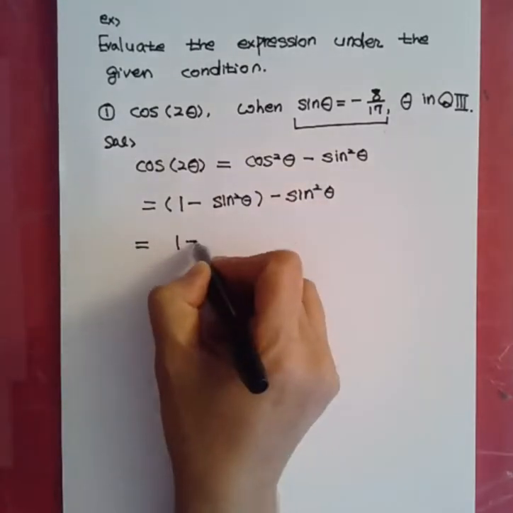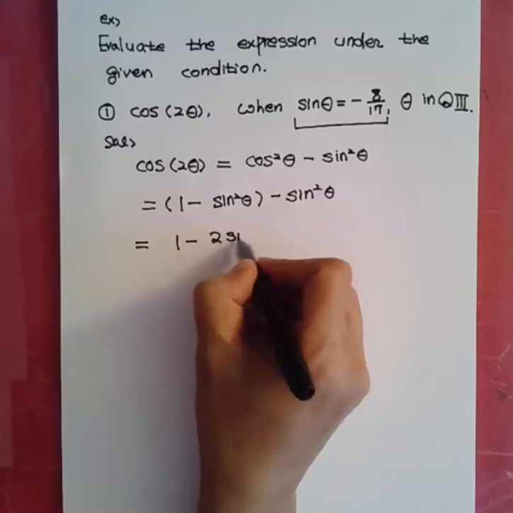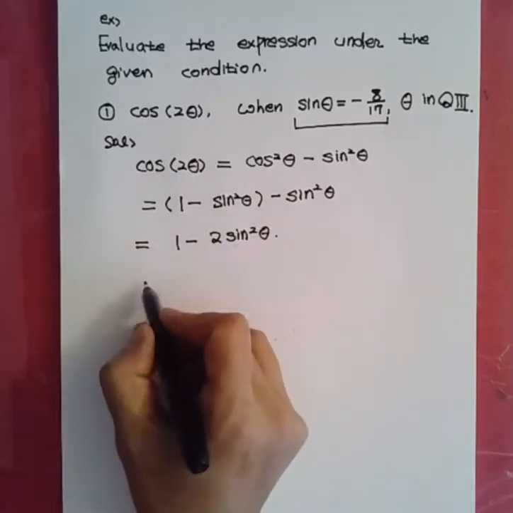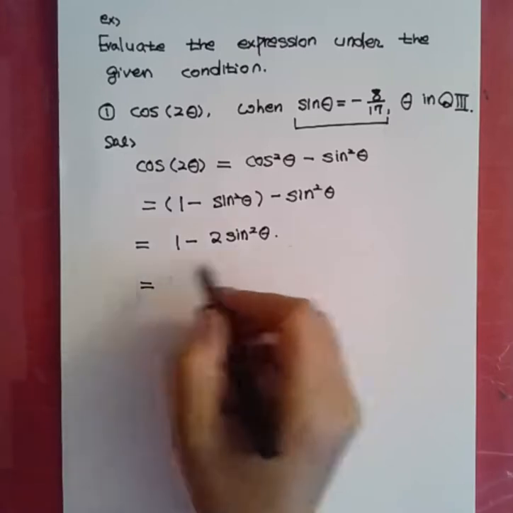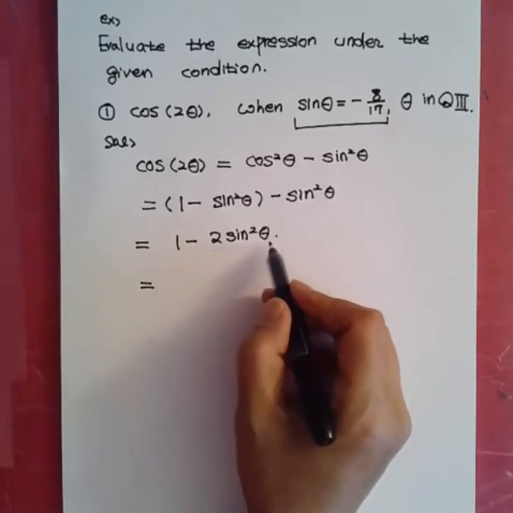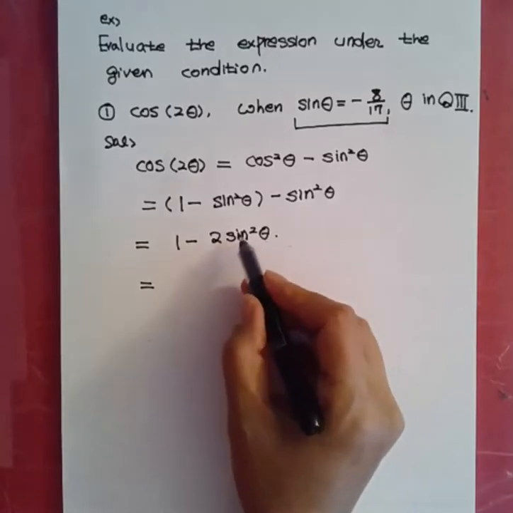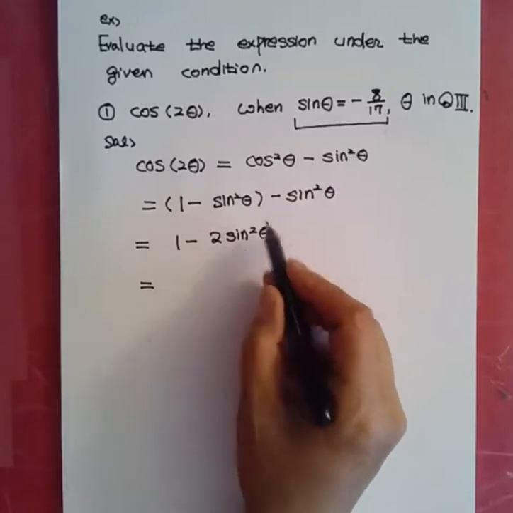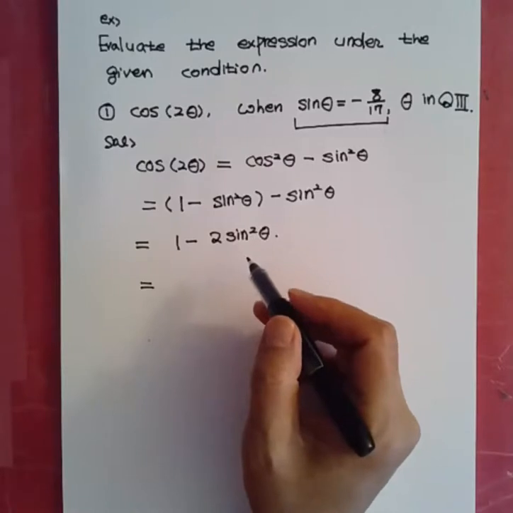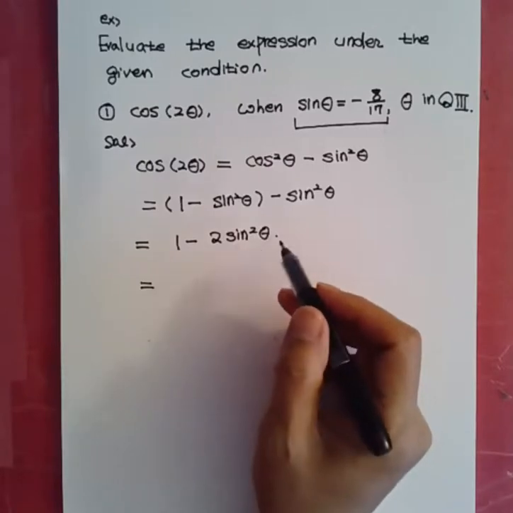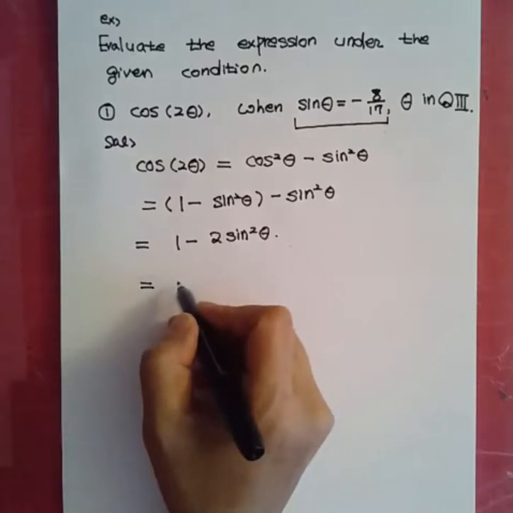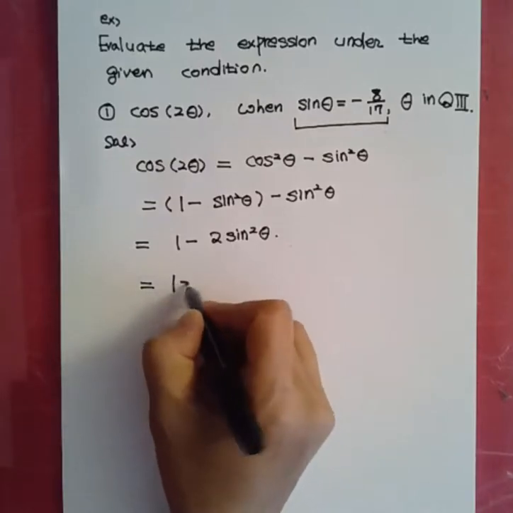Then it became 1 minus 2 times sine squared of theta. What we observe from this expression is all we have to know is sine squared of theta. If you square the number, everything will become positive, and it doesn't really matter which quadrant theta belongs to when you calculate cosine of 2 theta in this particular problem.